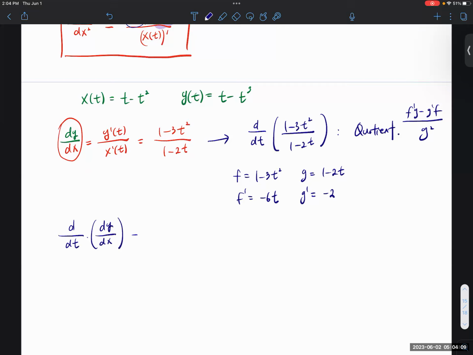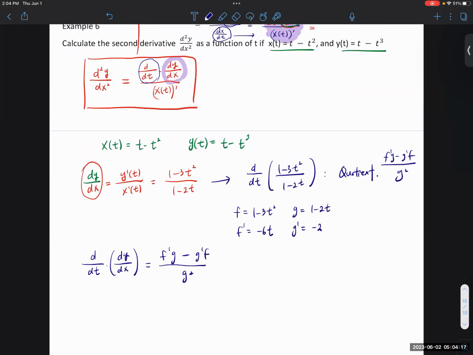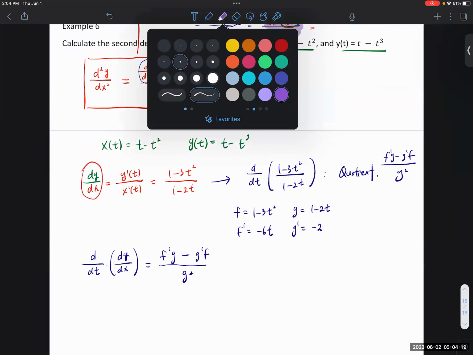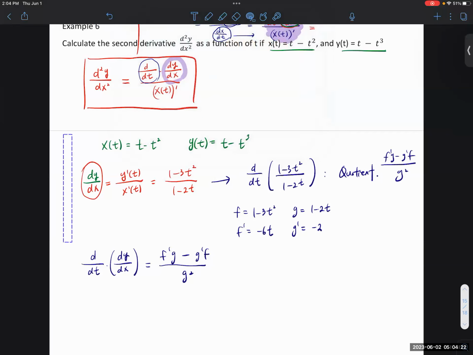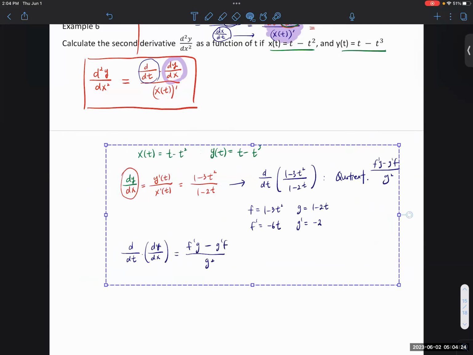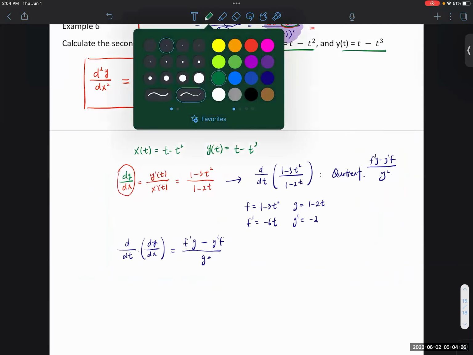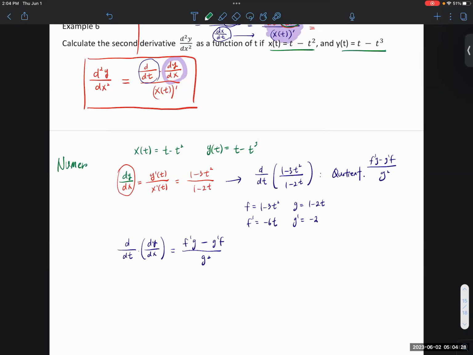What we are doing is f prime g minus g prime f over g squared. Are you following? I'm literally doing each step of the numerator. These are all the numerator work.